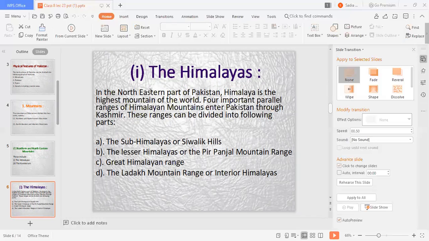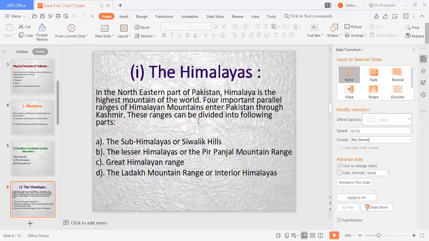We are going to discuss the first part, the Himalayas, then after that we will discuss the Karakoram. Is it clear? So underline these lines: Himalaya is the highest mountain of the world.